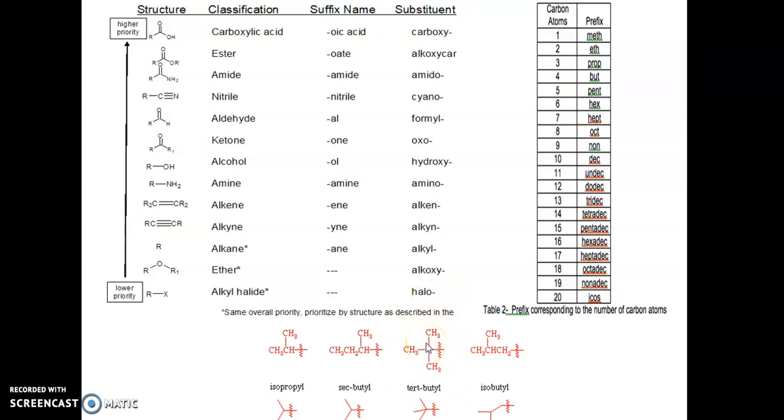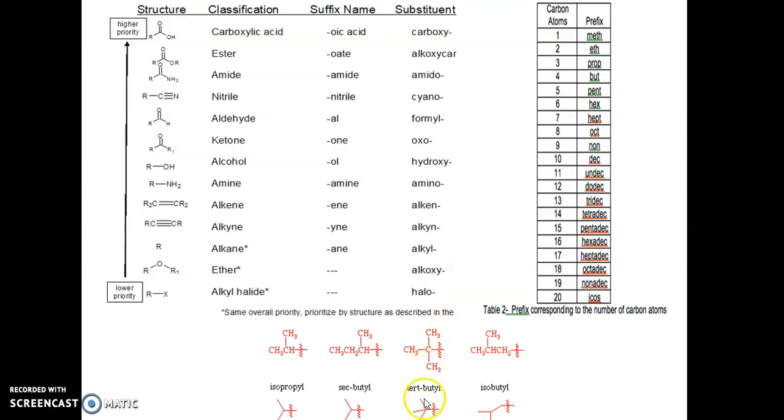Clear? So this entire isopropyl group, you can designate in this way. Here also the secondary butyl group you can designate in this way. Here the tertiary butyl group you can designate this way. This refers to a carbon atom. This is methyl, this is another methyl, this is another methyl.